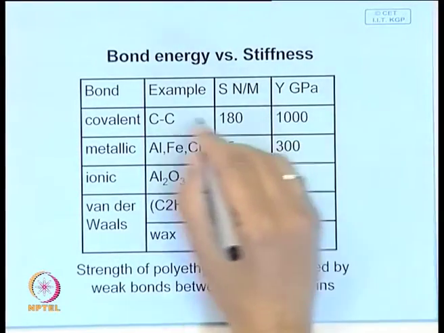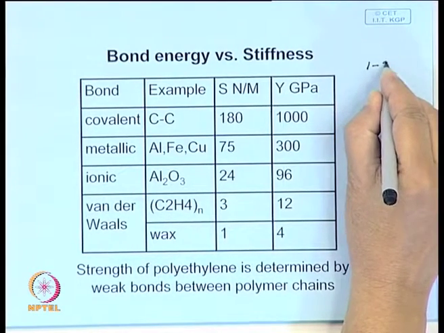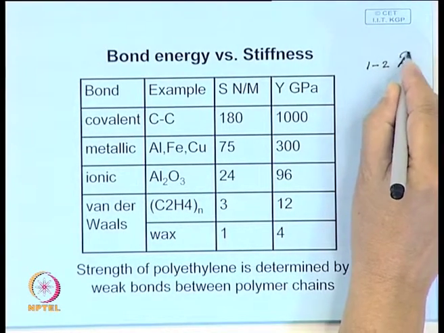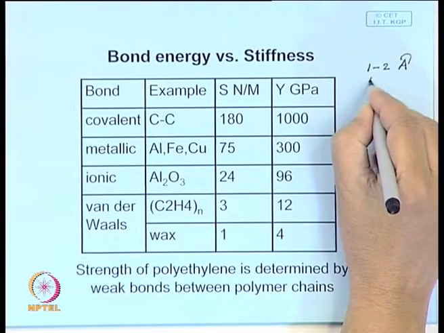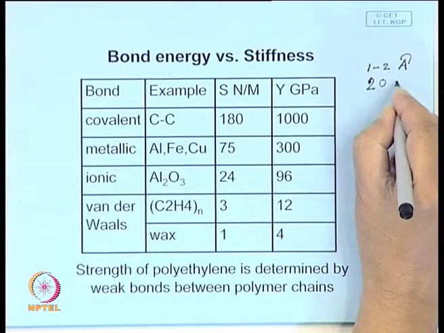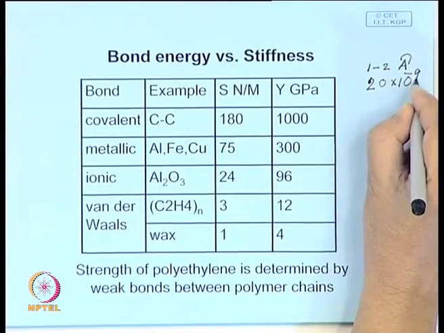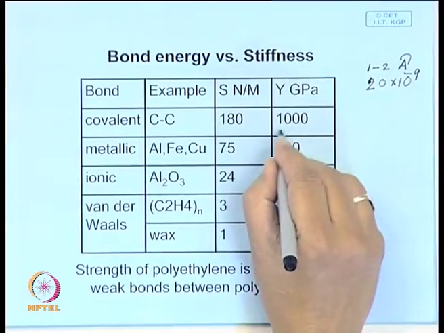So, basically this atomic distance is roughly of the order of 1 to 2 angstrom, it could be 1.5, or let us say that it is 2 angstrom or 0.2 nanometer. So, 10 to the power minus 9. So, if you multiply, this is in GPa.